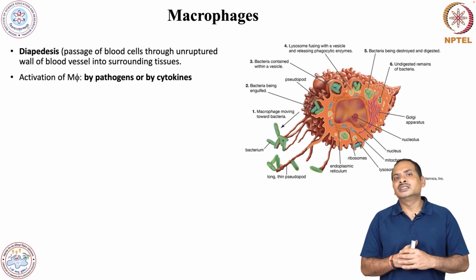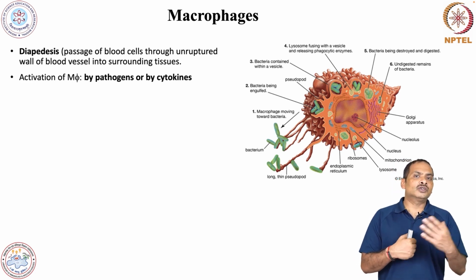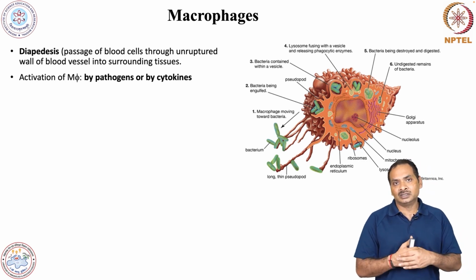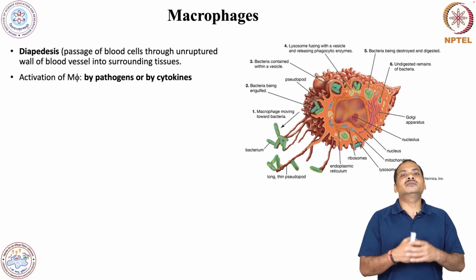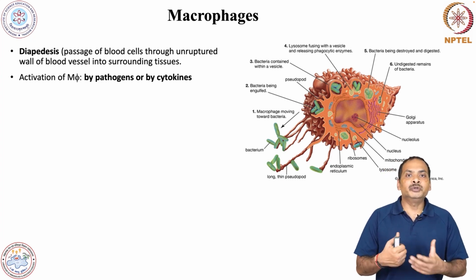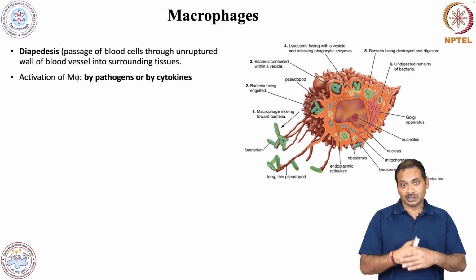This can be achieved in two major ways. Number one, when macrophages see the microbial pathogen, they get activated. Number two, these macrophages also get activated when they are treated with some immune factors, which we call cytokines.